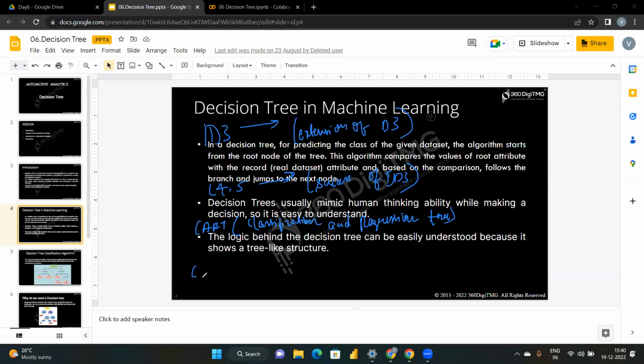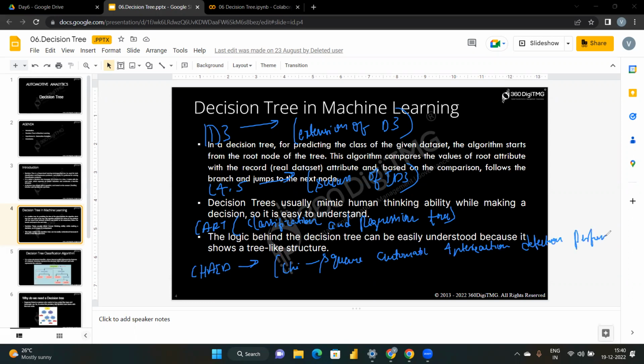And we have CHAID. Okay, so it is nothing but chi-square automatic interaction detection.